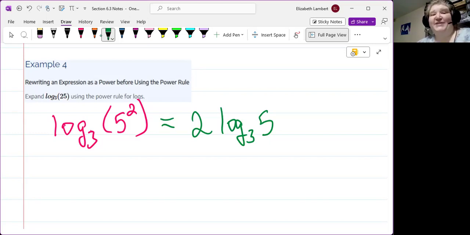So you wouldn't find the log of 25, but you would find log base 3 of 5. You would have to know that 25 is 5 squared, the 2 comes down, so I just need to look up log base 3 of 5 and multiply it by 2. This is why modern day calculators are so amazing.